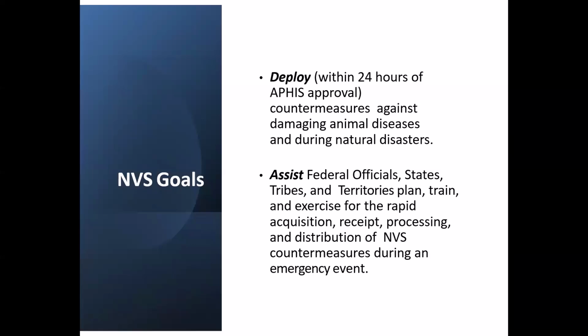Here are our NVS goals. They're twofold. We deploy within 24 hours once notified, and we assist the states, tribes, and territories with their preparation as well as their execution of foreign animal disease response operations.